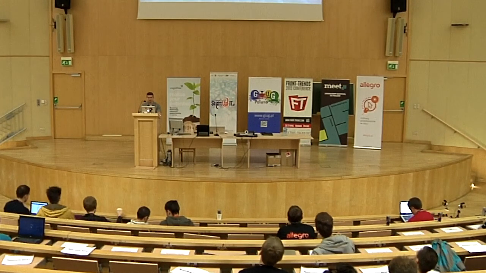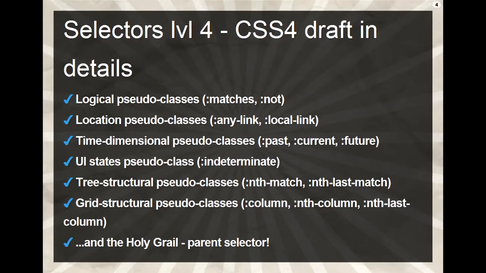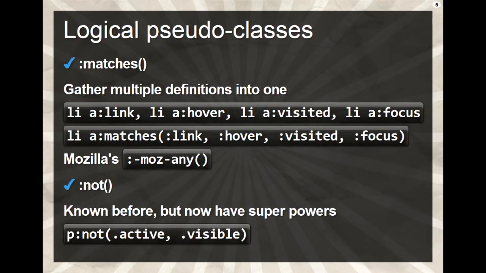What is the CSS4 draft, the selectors level 4? Well, I will talk about these pseudo classes in the next slides. The logical pseudo classes, for example, the matches is quite new, and using them we can gather multiple definitions in the CSS file into one.